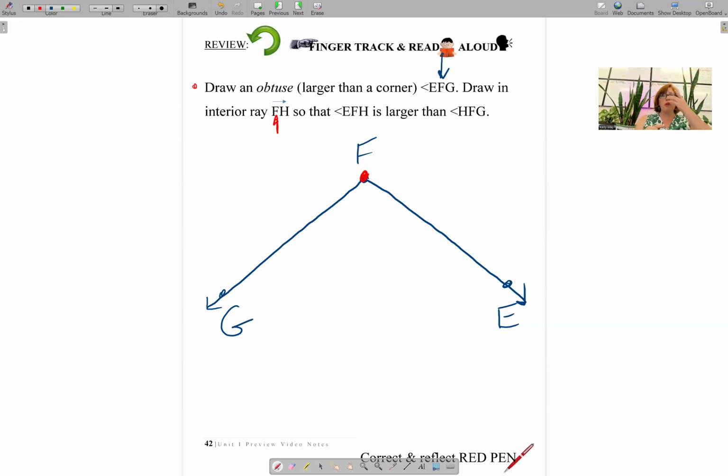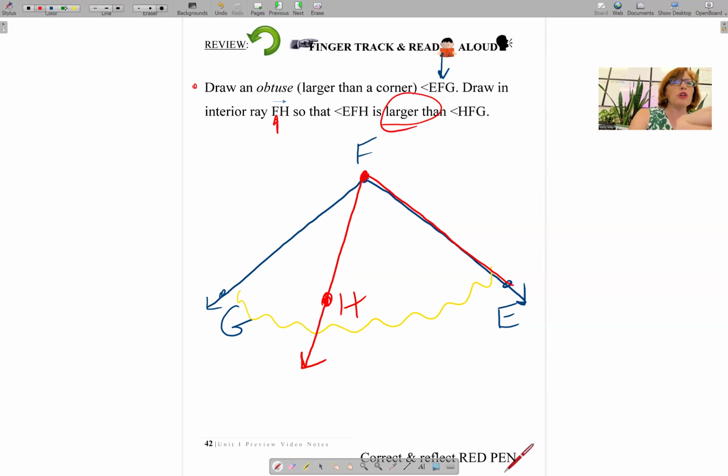There's another point we're going to add here, somewhere inside of this angle, so that EFH is the larger angle. So we're going to angle H slightly this direction, so that EFH is larger than HFG.